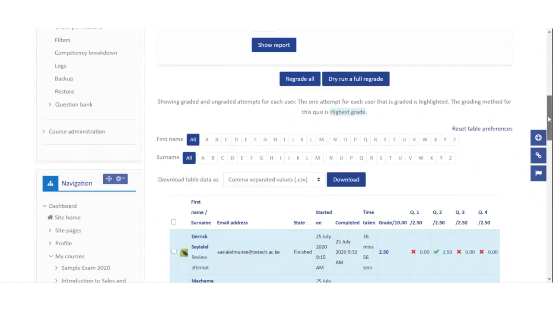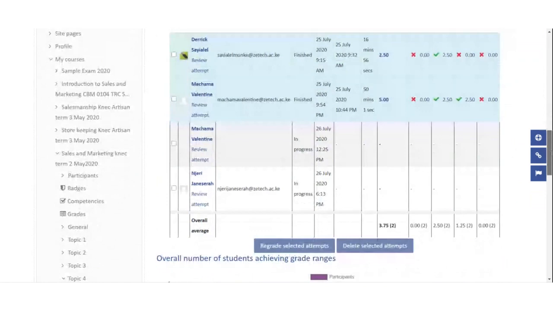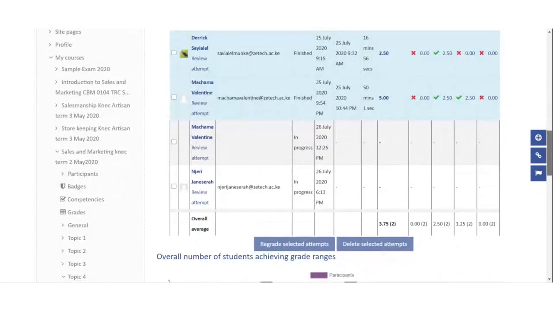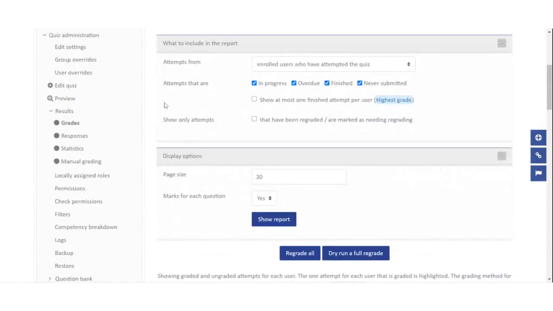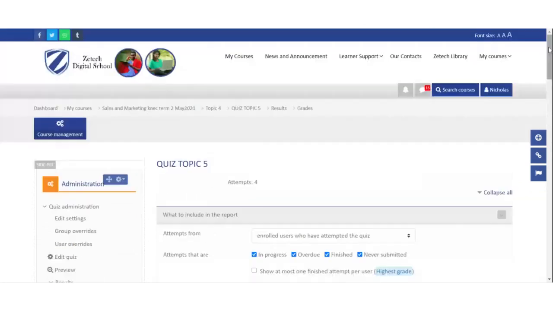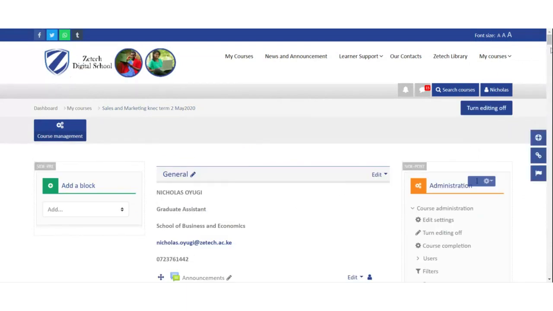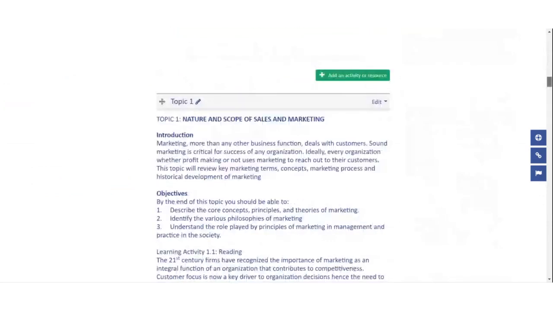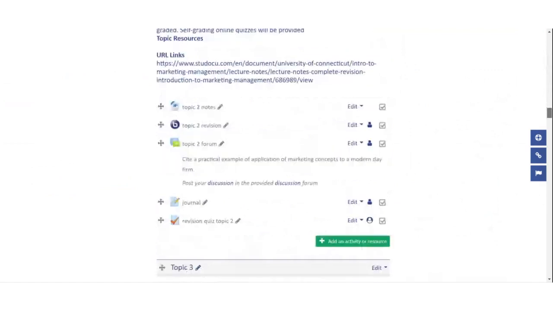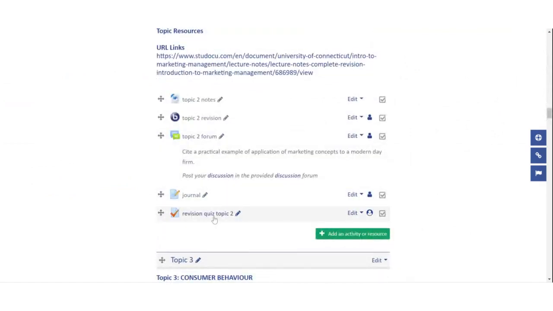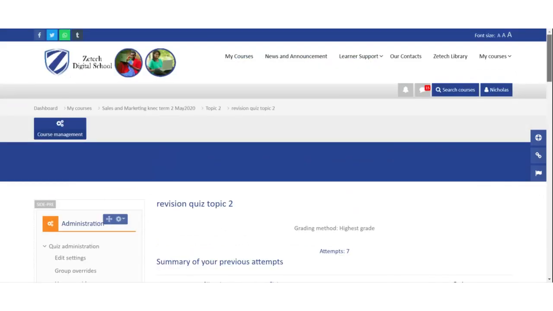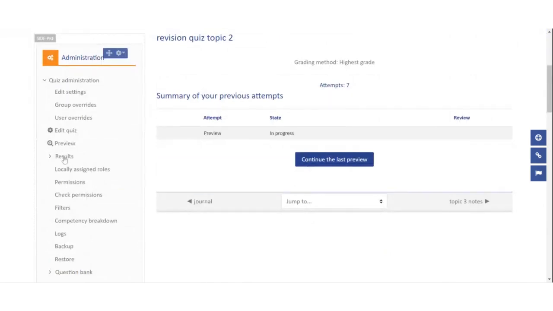Did you sit for the CAT? You did the CAT, okay?